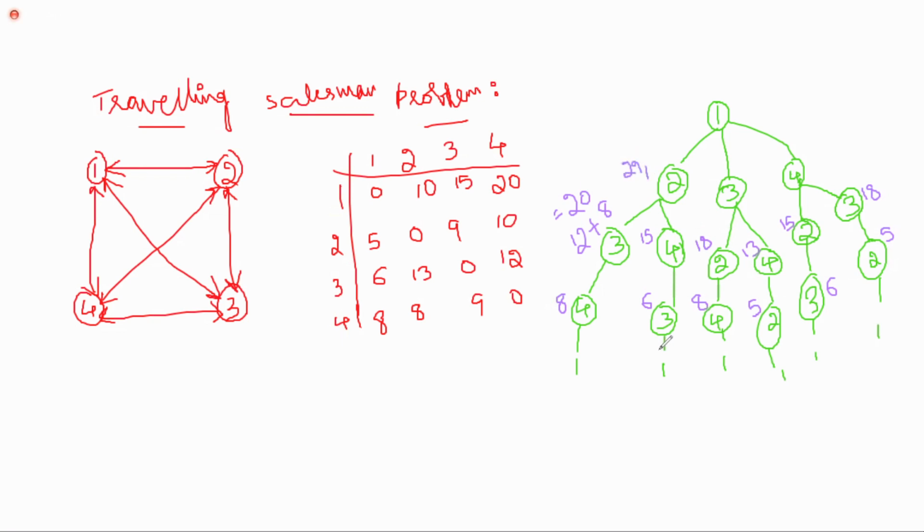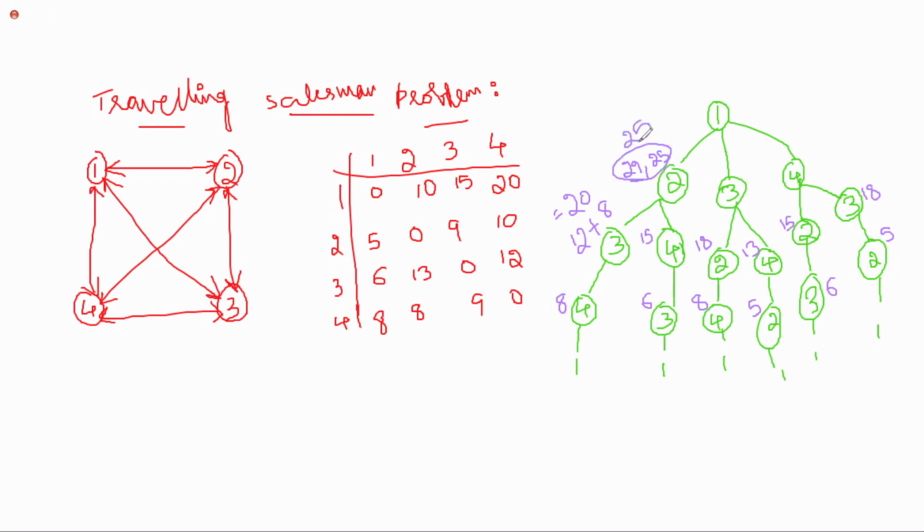Here we have another way also, right? 2 to 4, what is the cost? 10. 10 plus 15 is 25. So between 29 and 25, which one is minimum? 25 is minimum. So here I will consider the cost as 25.